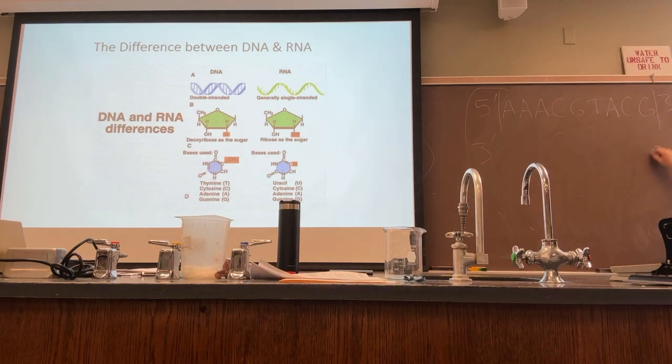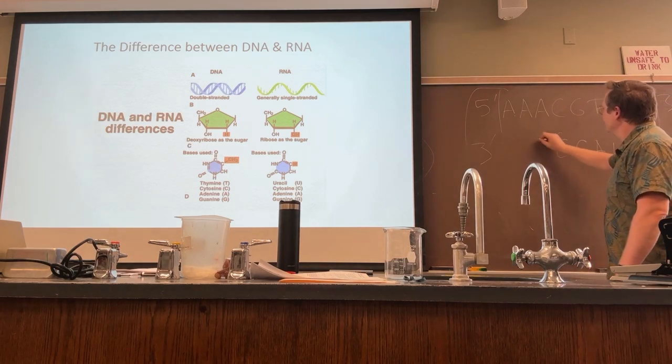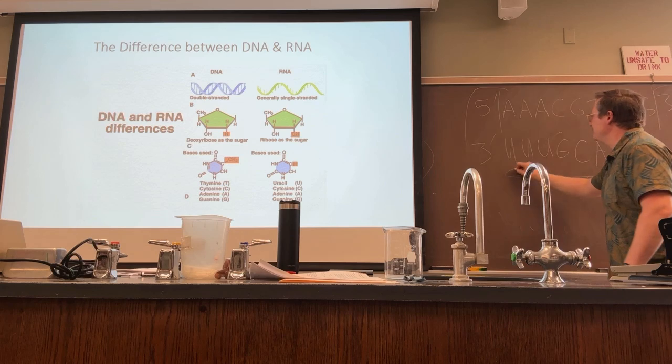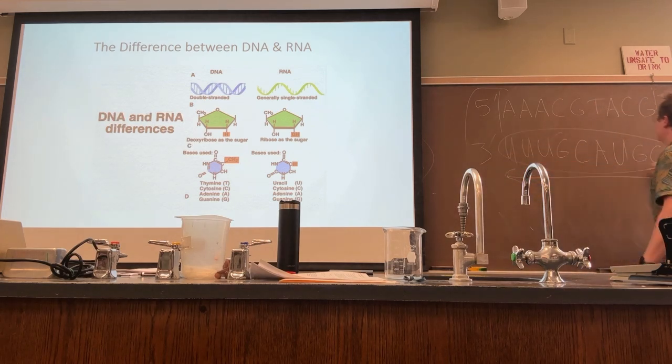Where there's a G, there's a C. Where there's a C, there's a G. Where there's an A, there's not a T, there's a U. Okay? That's the direction of synthesis, and here's what the RNA would look like.